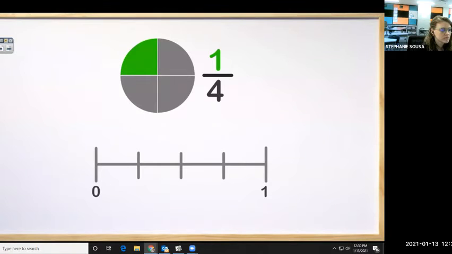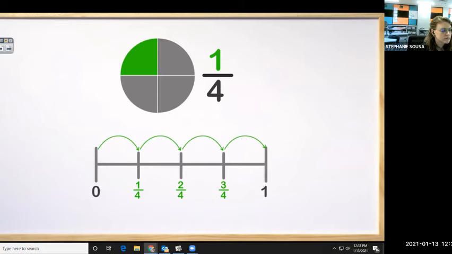This number line is broken into 4 equal parts. From here to here is 1/4. From here to here, we have 2 parts, which is 2/4. From here to here, we have 3 parts, or 3/4. From here to here, we have 4 parts, or all of them, which is 4/4, or 1, like we just talked about.